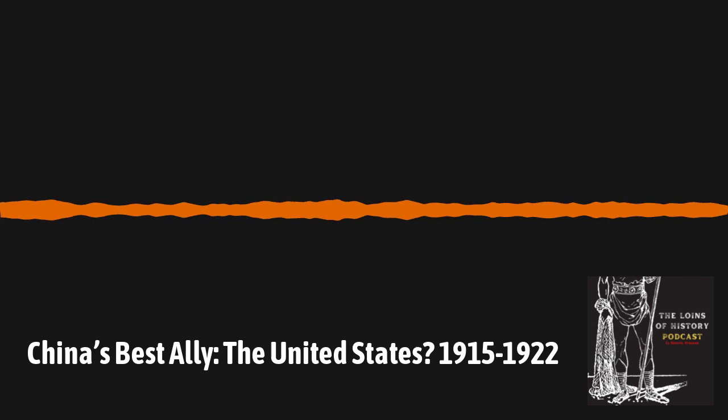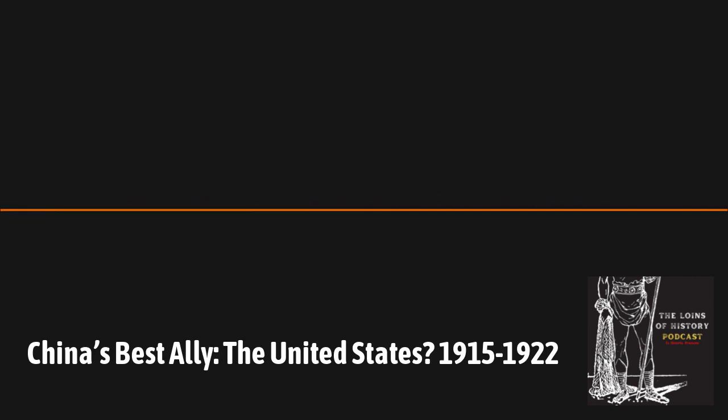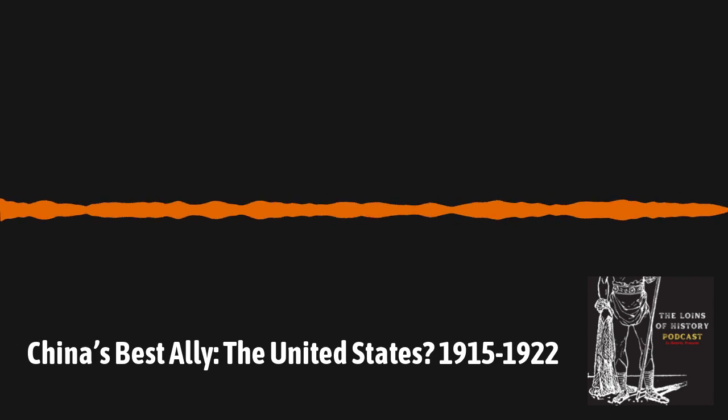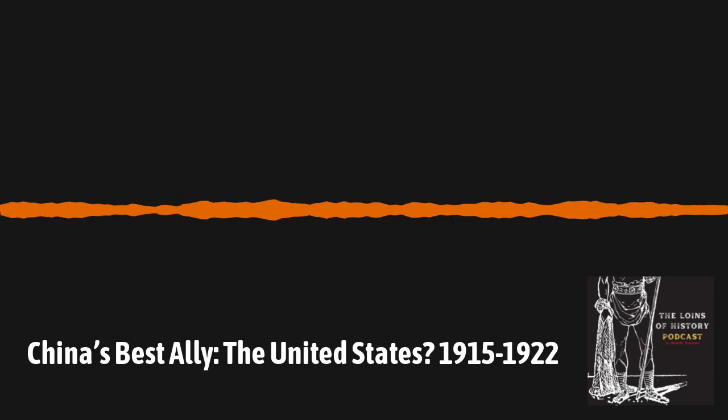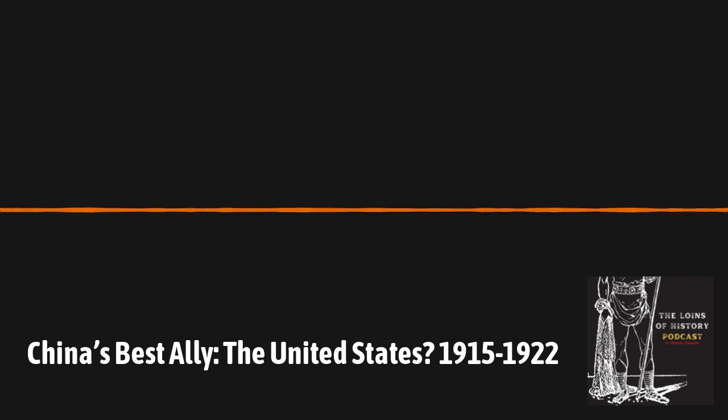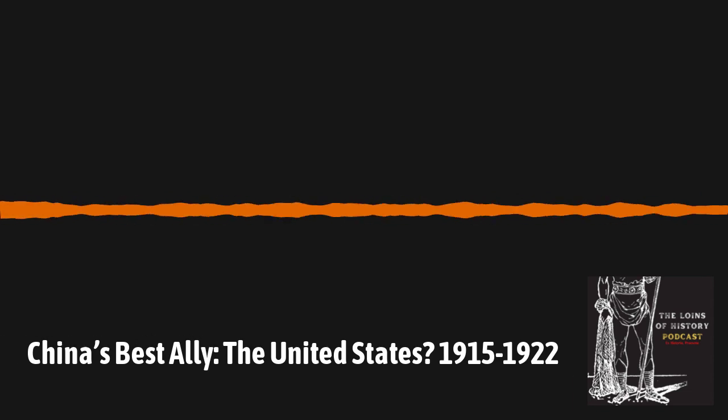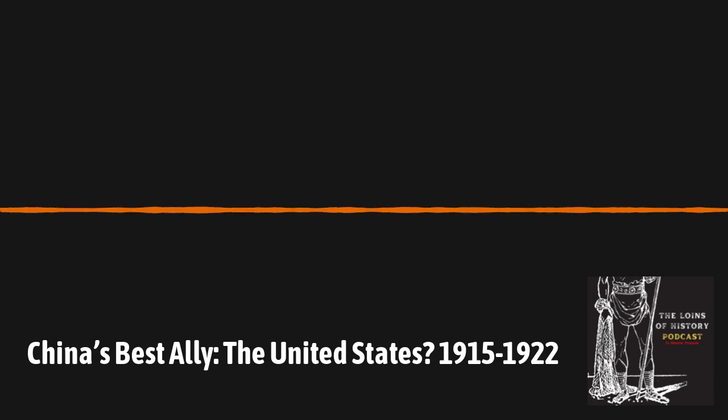The first one is World War I. We're going to talk about what happened, how the U.S. played a role in negotiating territorial concessions and diplomatic policies between China and Japan. And then we're going to talk about what happened during the 1922 Washington Naval Conference that further progressed the open door policy and things like that.